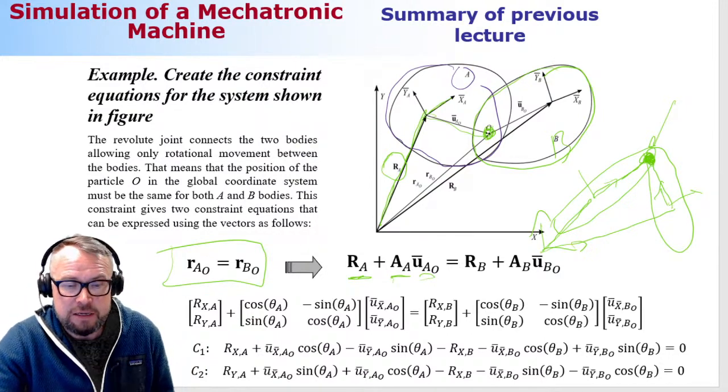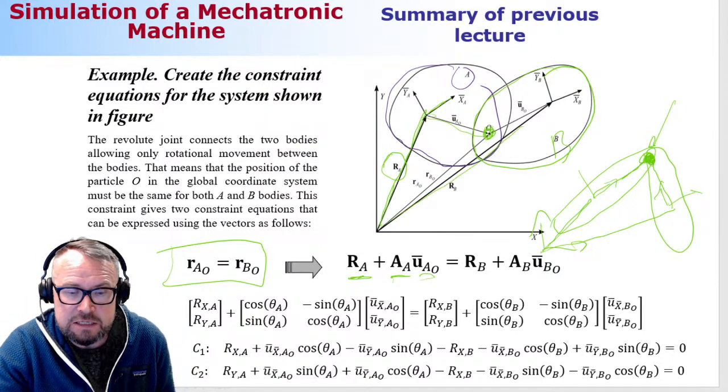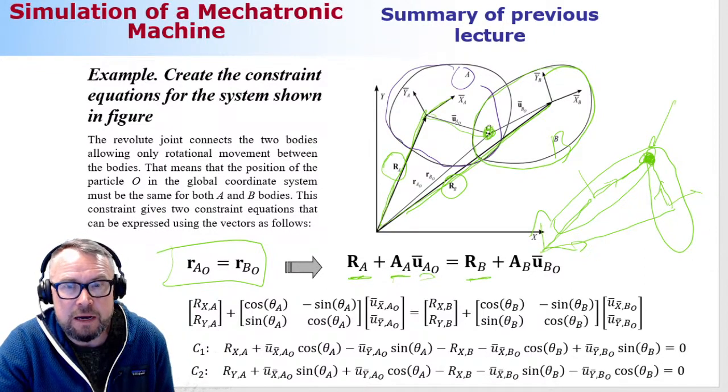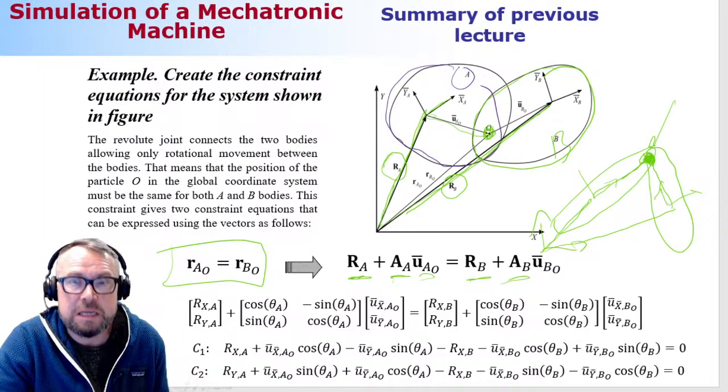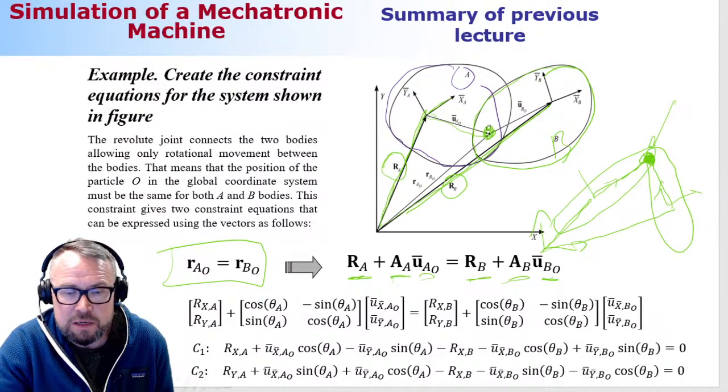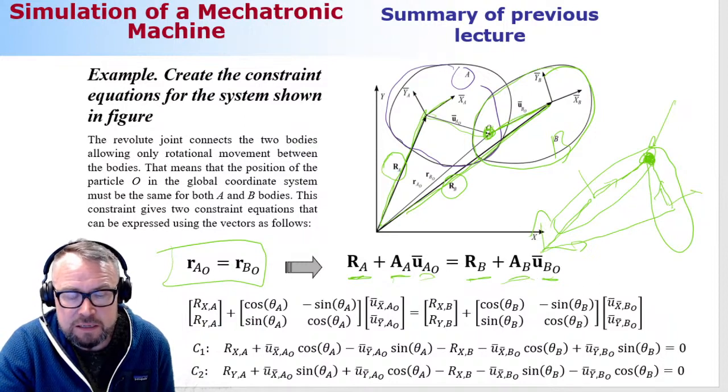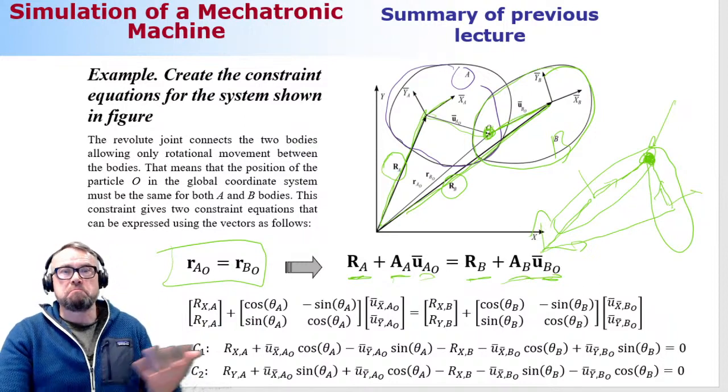What about the next body? Well, for the next body, we could do exactly the same procedure. We first translate to where the origin of the body reference coordinate system is located, RB. We account for the orientation of body B, rotation matrix B. And then we travel to where the joint is located, vector U bar.